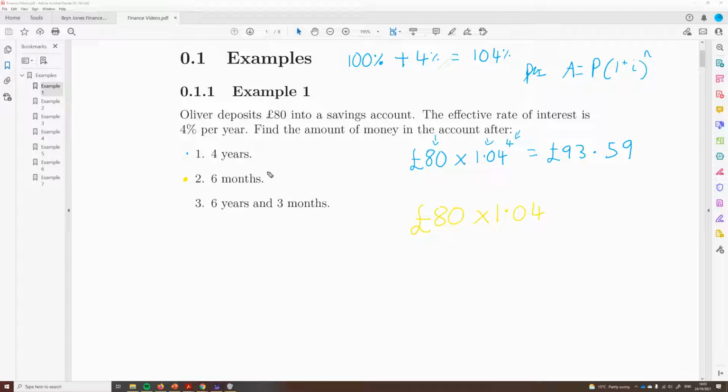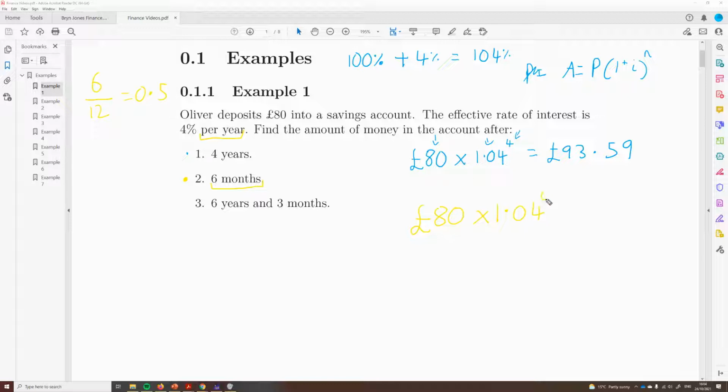And now we're just going to ask ourselves, what's the period of time involved here? Well, it's 6 months out of 12 months. Right? Our interest is per year, and this is in months. So we're going to just have to convert this into years. 6 months is half of a year.